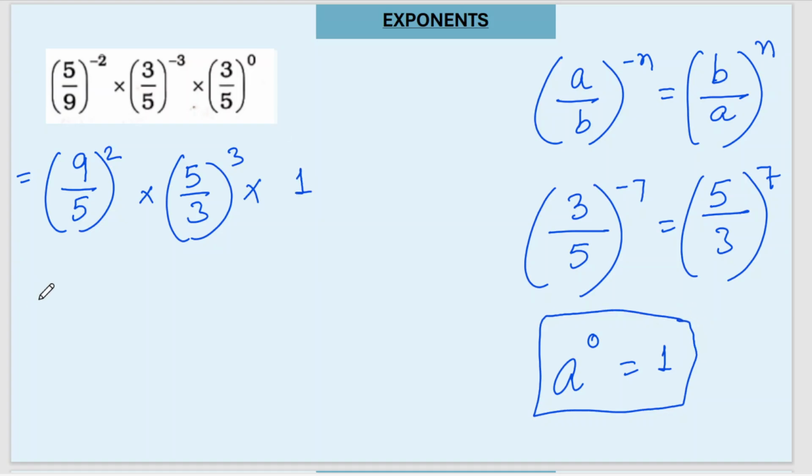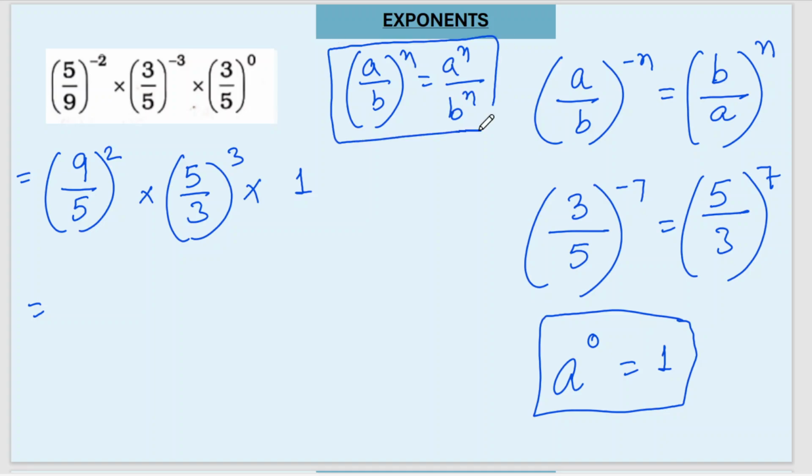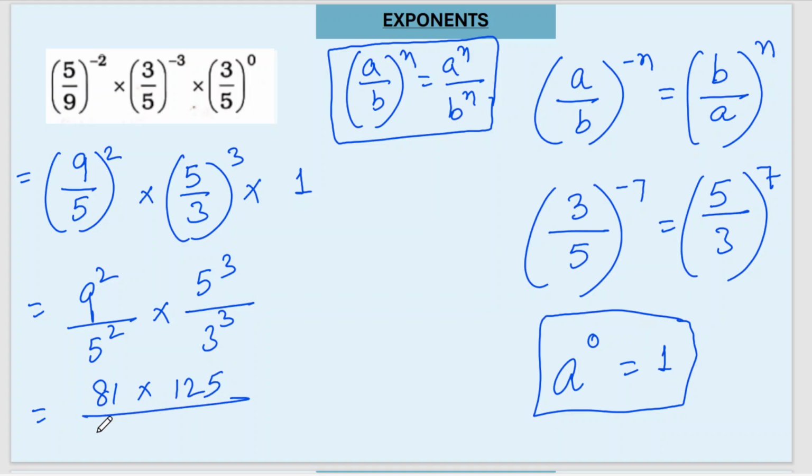It is 1. So, I have told you that we can write (a by b) to the power n as a to the power n divided by b to the power n. Okay, so we have studied this also. That means this is 9 square by 5 square into 5 cube divided by 3 cube. Now, so this is 81 into 125 divided by 25 into 27.